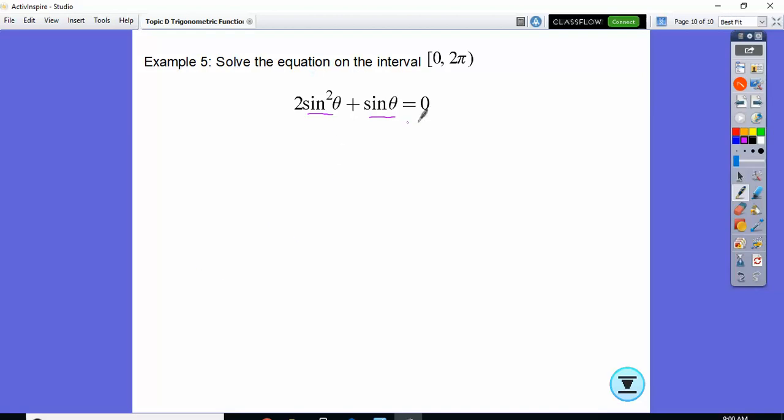Factoring. So let's factor. What can I pull out of here? Now we have 2 things to multiply that equal 0, so I set each of them equal to 0.